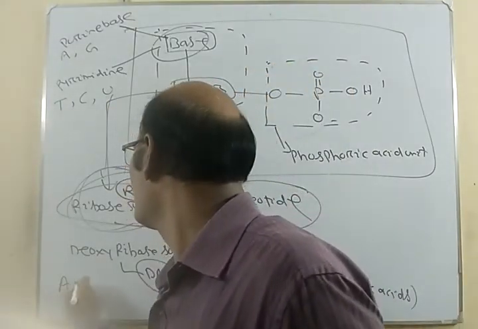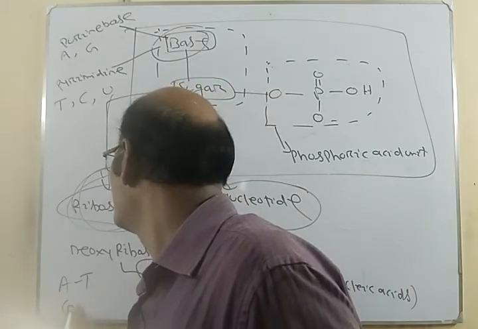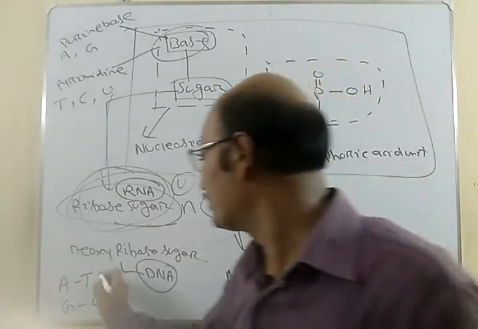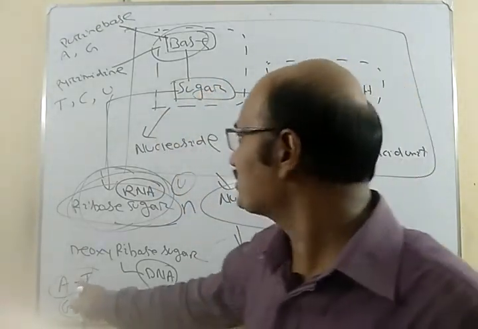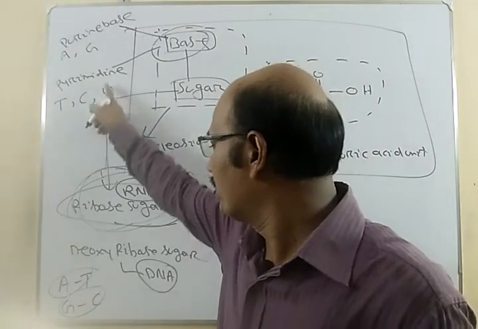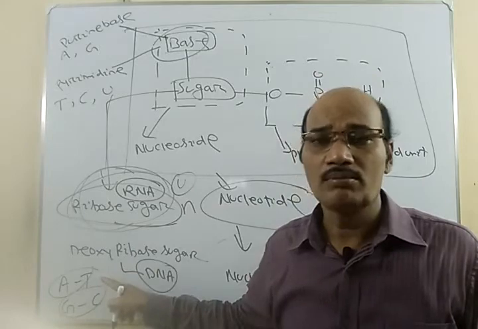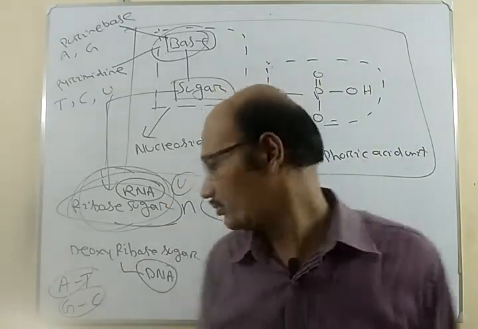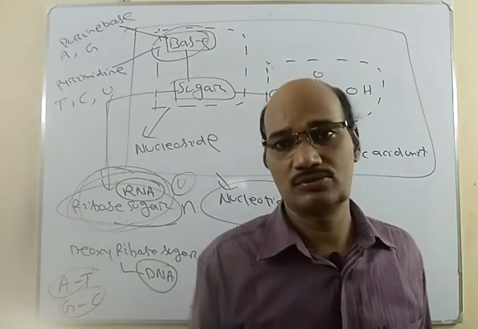A, T, G, C. Okay, A, T and G, C. So one base A and other base T are joined together by two hydrogen bonds, and G and C are joined together by 3 hydrogen bonds.